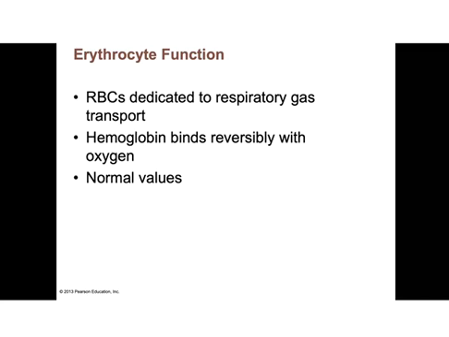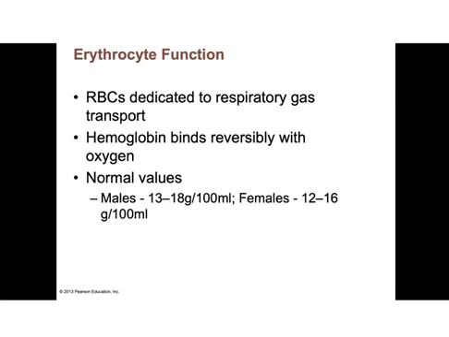And hemoglobin is an unusual molecule in that it's designed to suck up oxygen in conditions that prevail at the lungs and release oxygen in conditions that prevail at the tissues. So it's a perfect design for that job, okay?